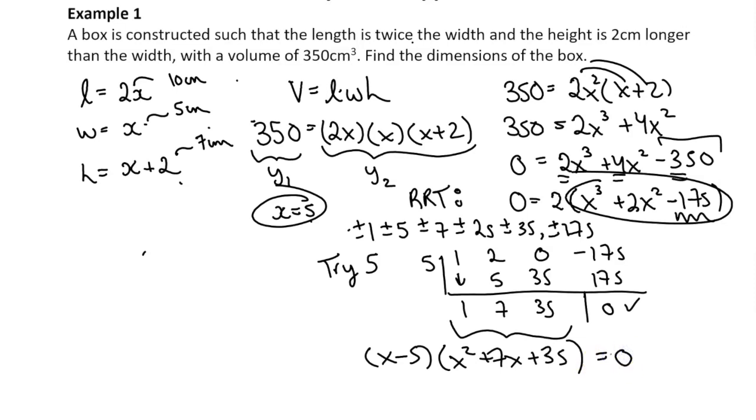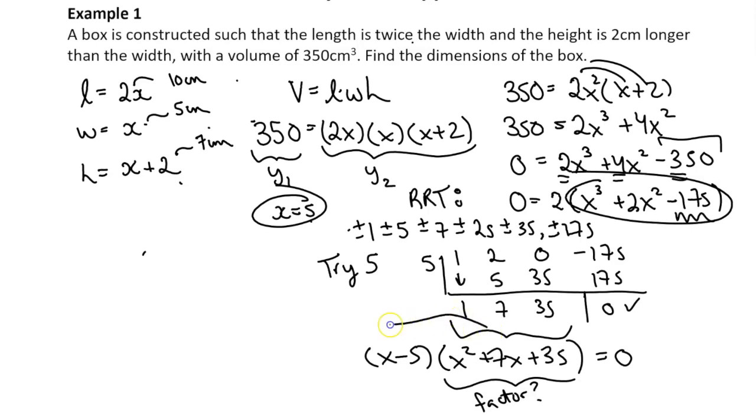So you may actually have 2 additional answers. We know that x equals 5 works, but is there another way that could also work? And you would try to factor the x squared plus 7x plus 35, and you would find that I can't think of 2 numbers that times to 35 and add to 7. And if you can't do that, that doesn't mean that it can't be factored. It just means that there's probably not going to be a rational root, but there might be an irrational solution.